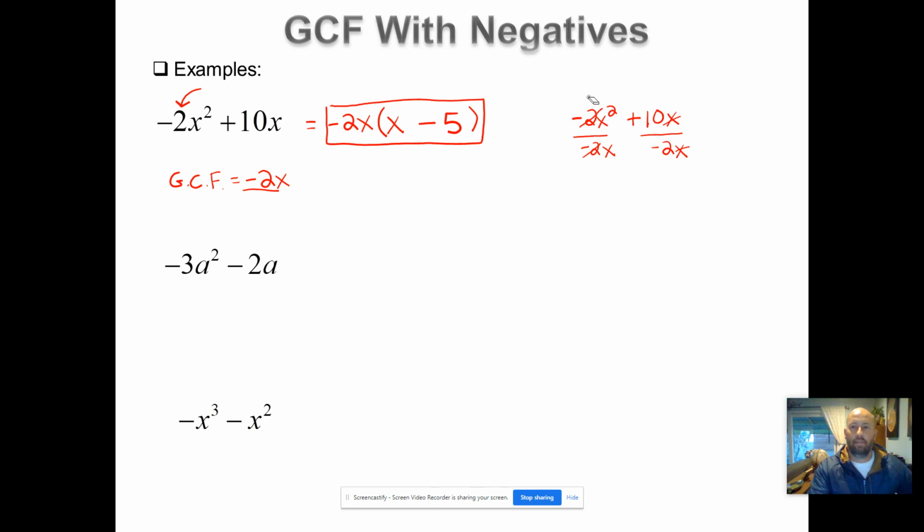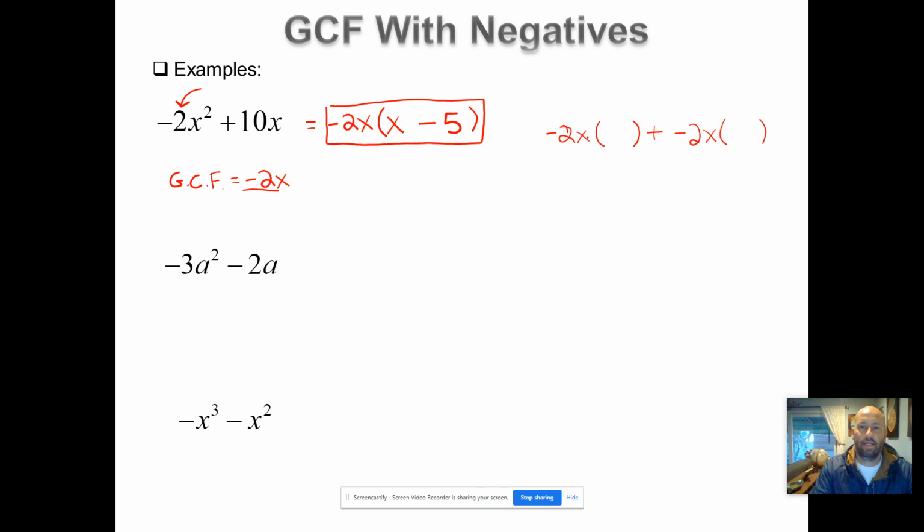Another way of looking at it: we're taking out the GCF of -2x. So I've got -2x times something that is going to give me -2x squared, and then I've got another -2x, so plus -2x times something that is going to give me 10x.